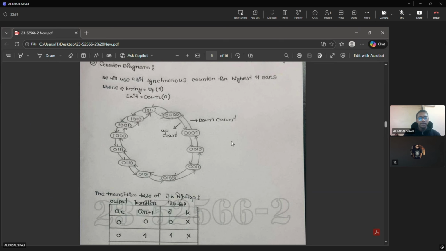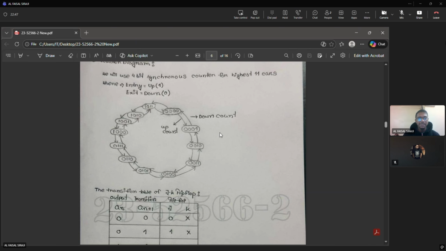For the counter diagram, we will use a 4-bit synchronous counter for a highest of 11 cars, where the entry is 1, which resembles up, and the exit is down, which resembles 0.